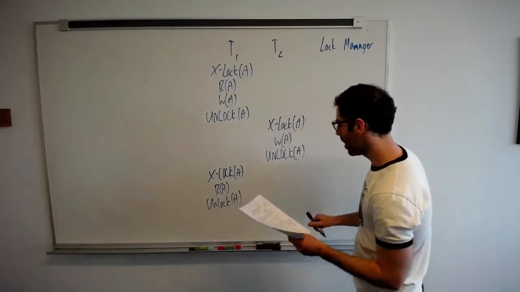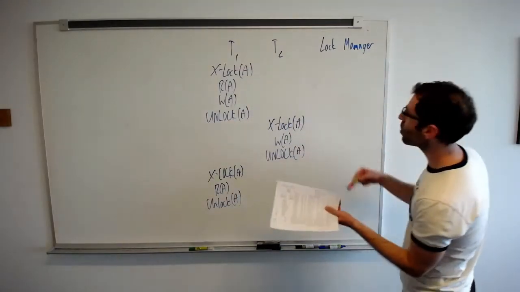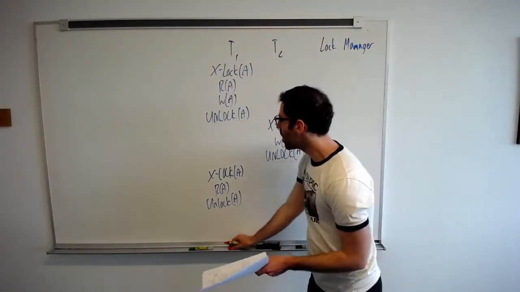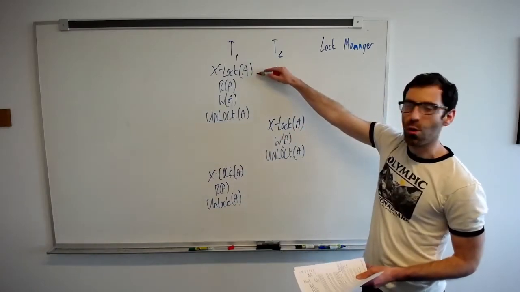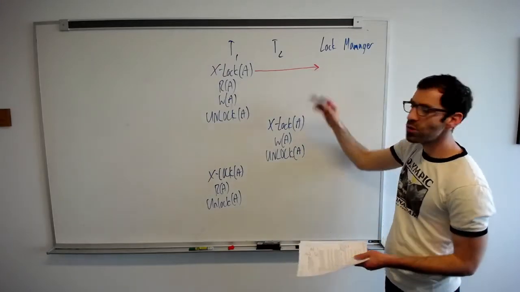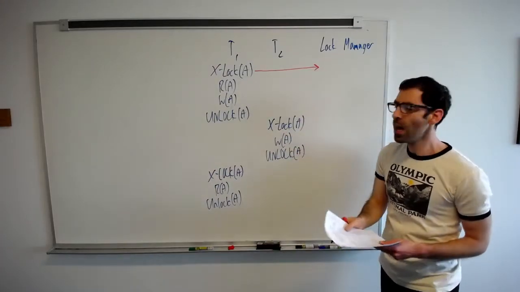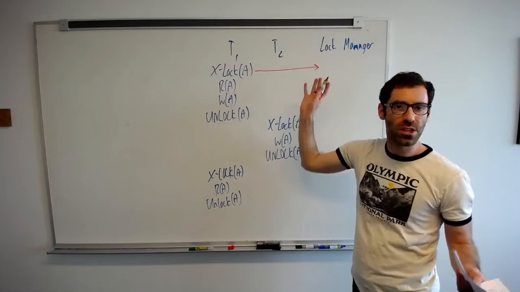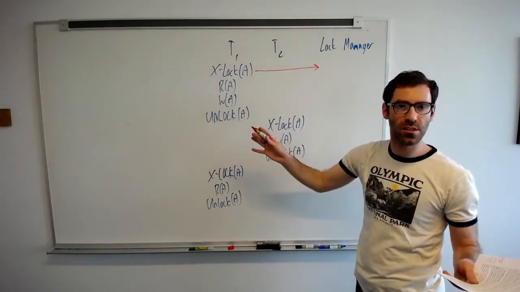And so over here in our lock manager, when T1 requests a lock on A, it goes to the lock manager and says, please give me a lock on A. And the lock manager says, all right, no one else has a lock on A, so it's fine to grant this exclusive lock.